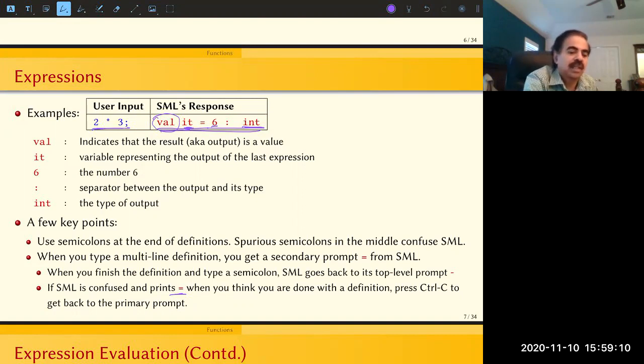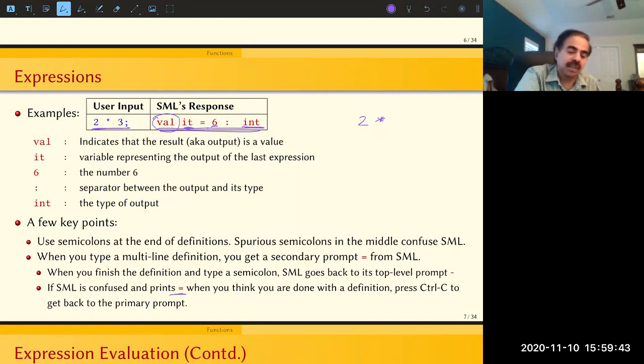So, for instance, if you type 2 times and put a semicolon and enter, it'll either tell you that there is an error because the semicolon shouldn't appear there. But let's say you put 2 times and then you enter. Now the SML system gets this input, 2 times, and then it knows, okay, I'm expecting one more operand before this can be evaluated.